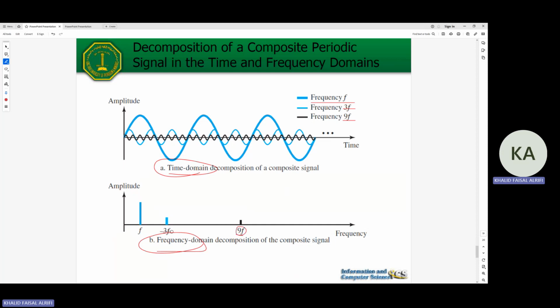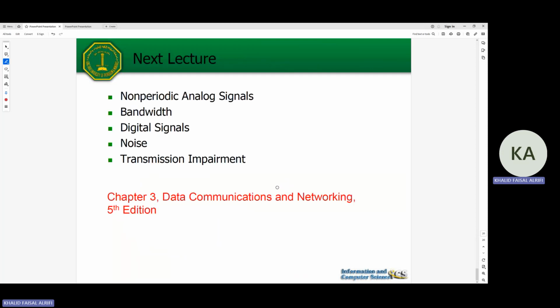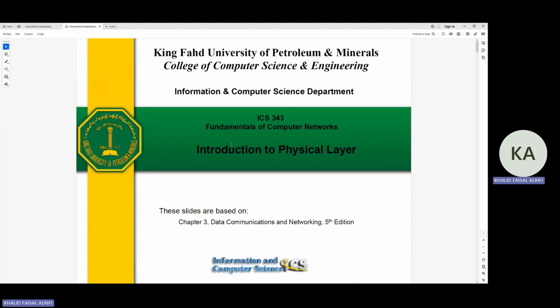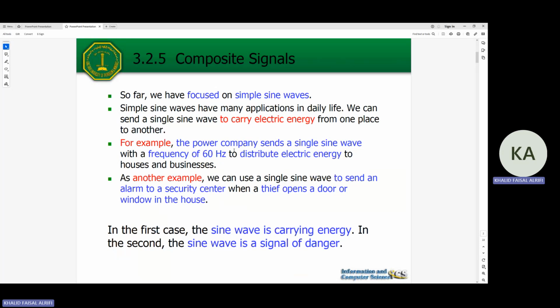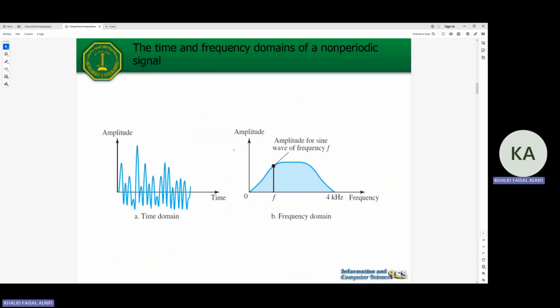It will look something like this. The amplitude is not given, so just use common sense to make sense of it. Okay, so that's it for the decomposition of the composite periodic signals. So now with the second part, we took this and this and this.